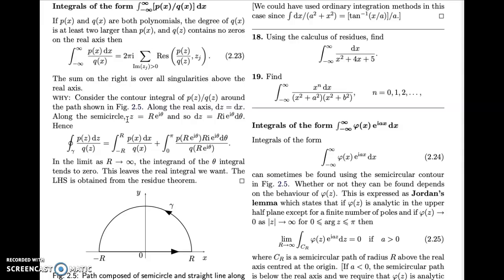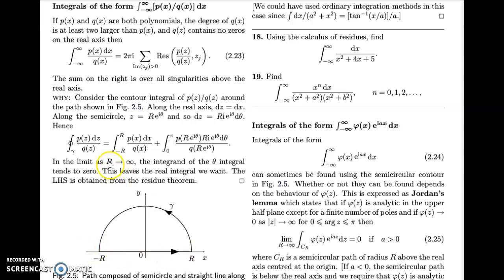Okay, so we consider the contour integral of P of z over Q of z around the path shown here. So along the real axis, when we're doing this integral, P over Q dz, well, there's no change in y.